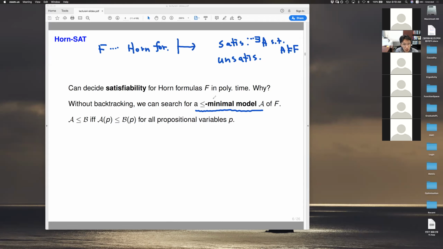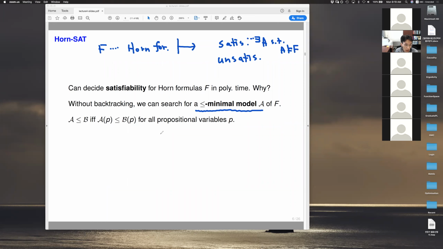So we are thinking about the assignments A and B, which map propositional variables to 0 and 1. We say one assignment A is smaller than another assignment B if A, as a mapping from the propositional variables to 0 and 1, is smaller. So if A of P is always less than or equal to B of P.